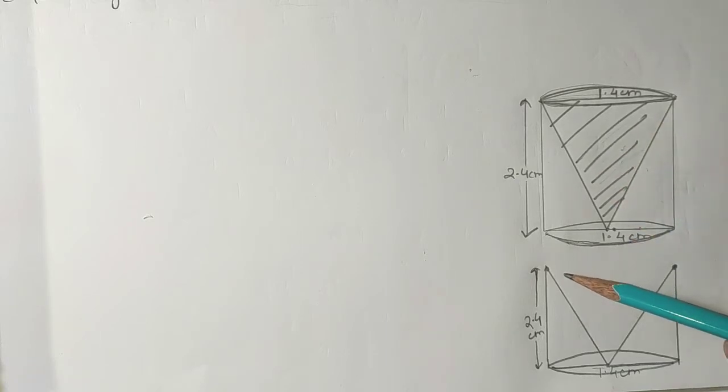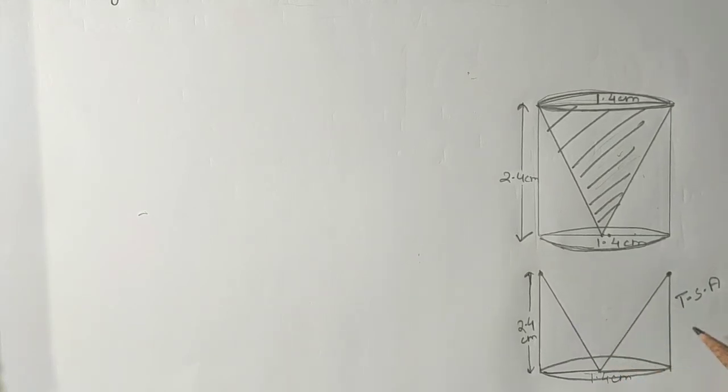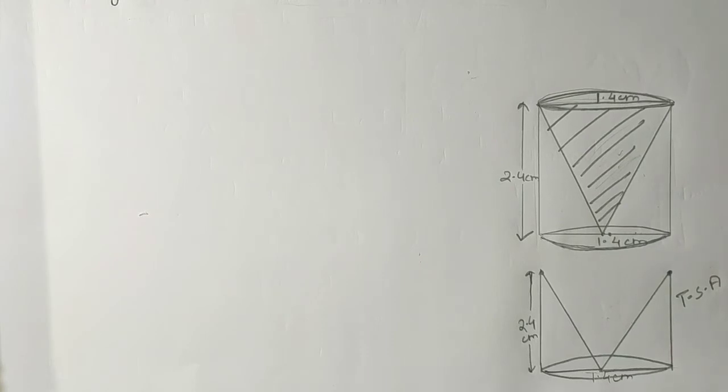Then this shape remains, so we have to find the total surface area of this solid. So how will we solve this question? Firstly, you have to understand what portion is coming in the total surface area of the remaining solid.